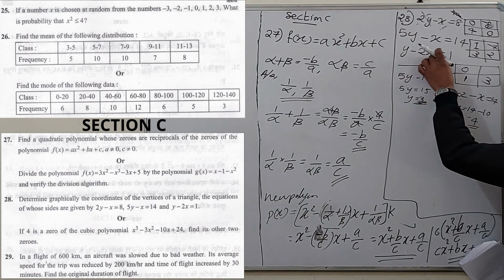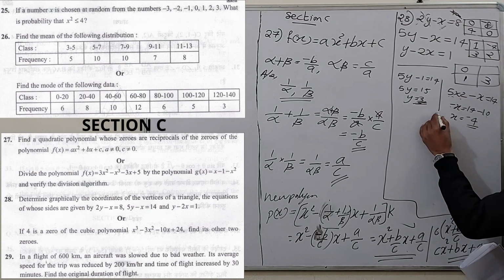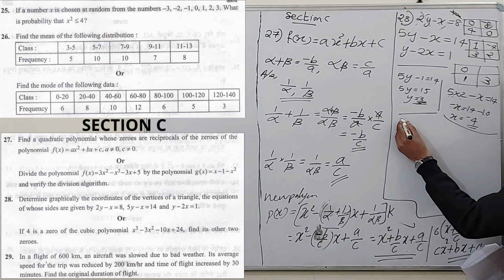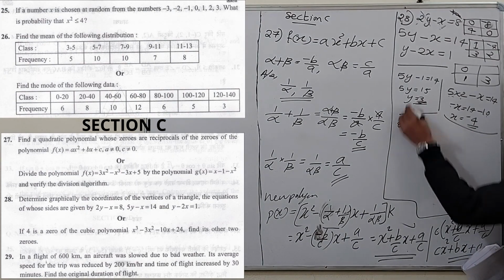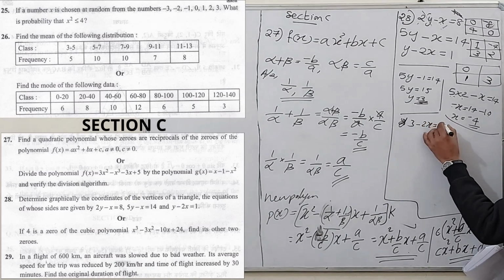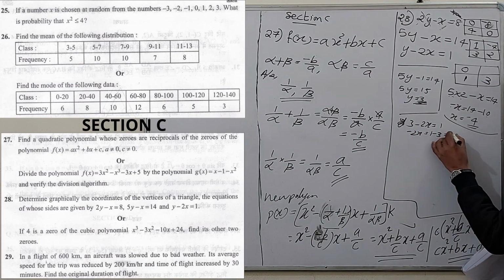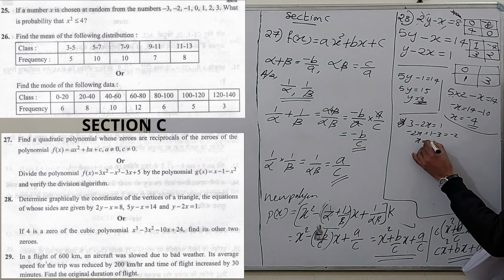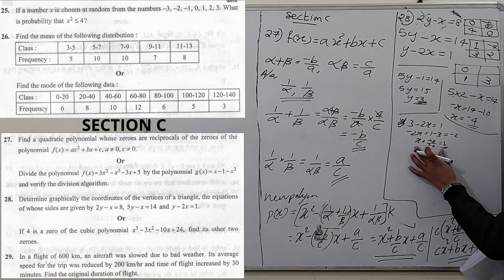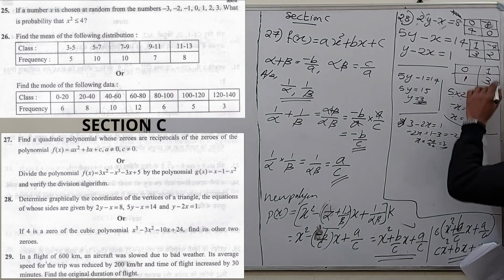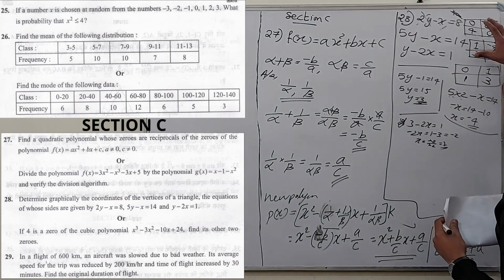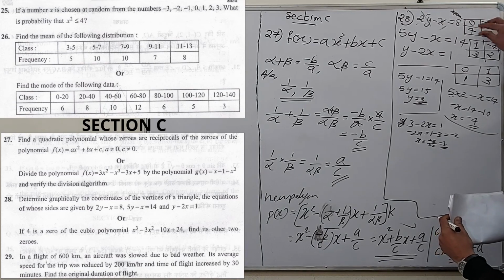Then 3 minus 2x is equal to 1, minus 2x is equal to 1 minus 3, which is equal to minus 2. Therefore, x is equal to minus 2 by minus 2, we will get 1. Clear? So x equal to 1.